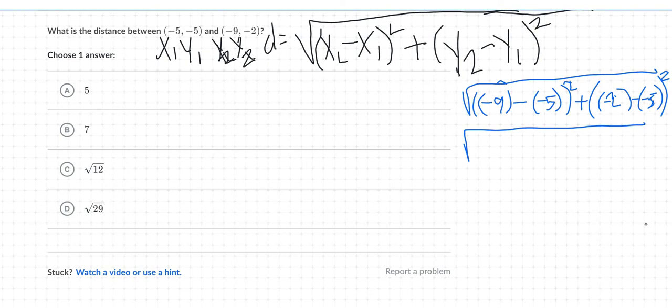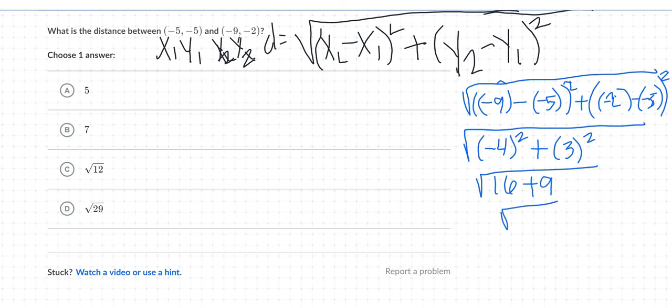-9 minus -5 is -4. Plus, we have -2 minus -5, which is just 3. And then we just continue. -4 squared is 16, plus 9, square root of 25.